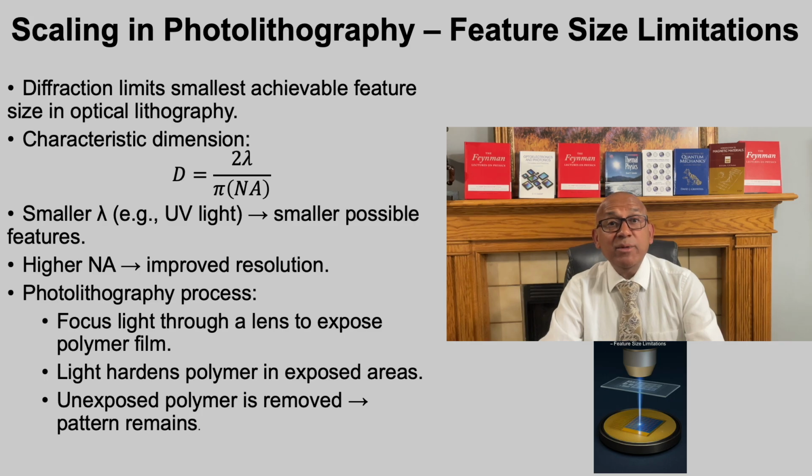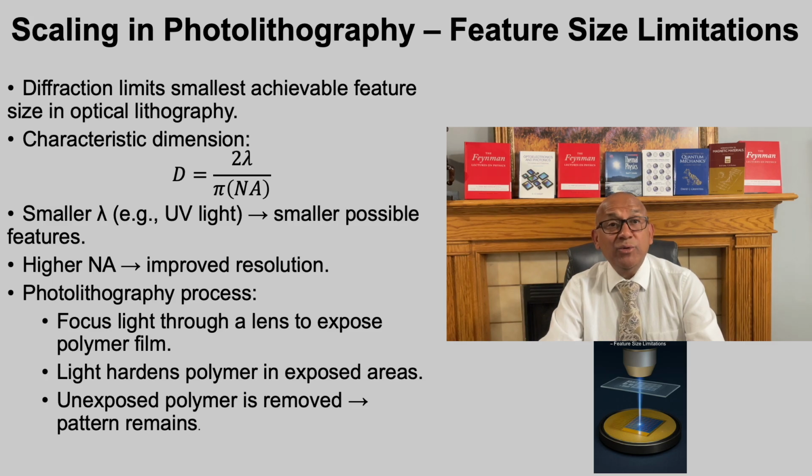The characteristic dimension is given by the formula lambda equals 2 lambda divided by pi times NA, where lambda is the wavelength of light and NA is the numerical aperture of the lens. From this relation, two strategies become clear. First, using smaller wavelengths, such as ultraviolet or even deep UV light. This allows us to define smaller patterns, and increasing the numerical aperture improves resolution further.